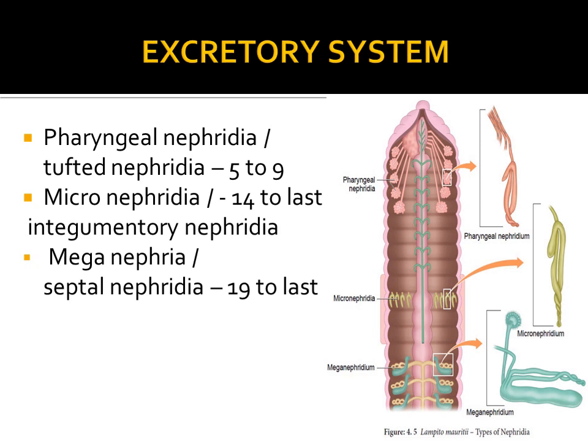The other two are tubular structures, but the meganephridia structure is different. It starts from the 19th segment and continues to the last segment. So these are the three nephridia present to do the excretory function.